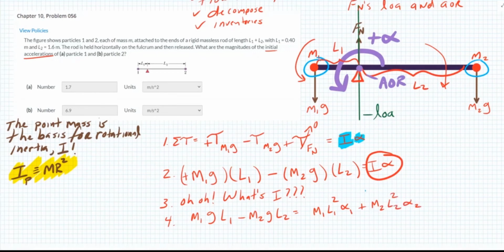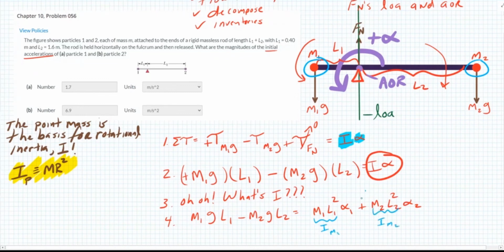This is better. This is, again, maybe taking the longer path, which is always the right path. What path should you always take? Almost always the longer path. This is the rotational inertia of M1. This is the rotational inertia of M2.